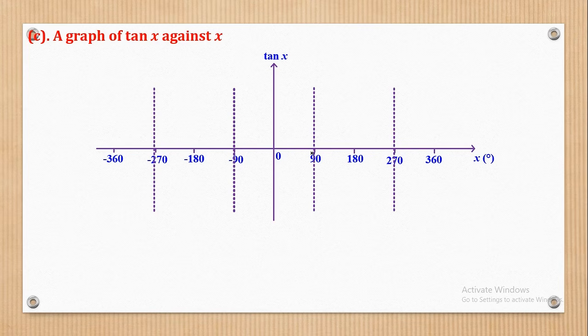What it has, you realize that at some points, for example, if you get your calculator and you press tan 90, you realize that it will give you math error. If you press tan 270, it gives you math error. Why? Because at these points where I've put the vertical lines, tan is undefined. The value of tan theta is undefined.